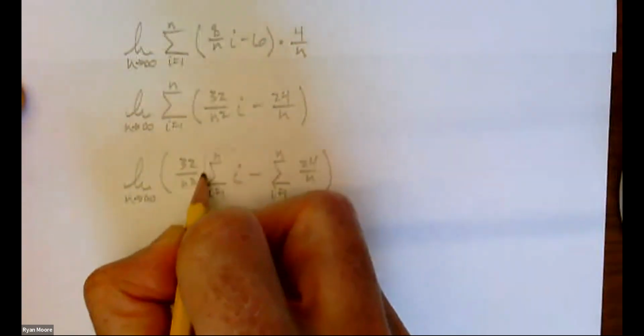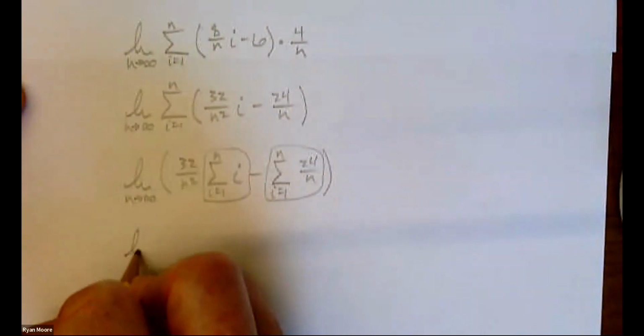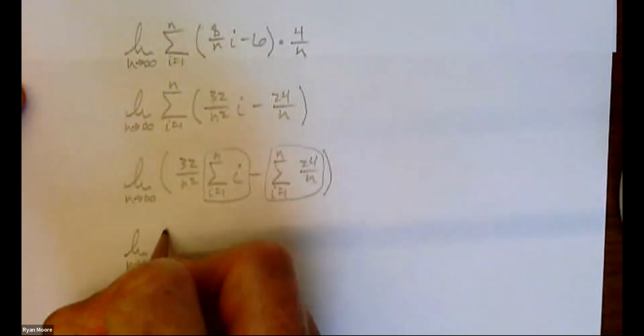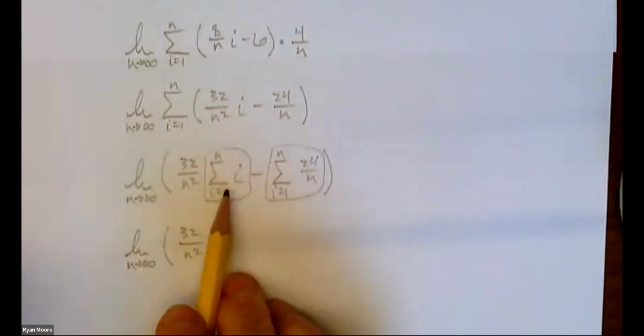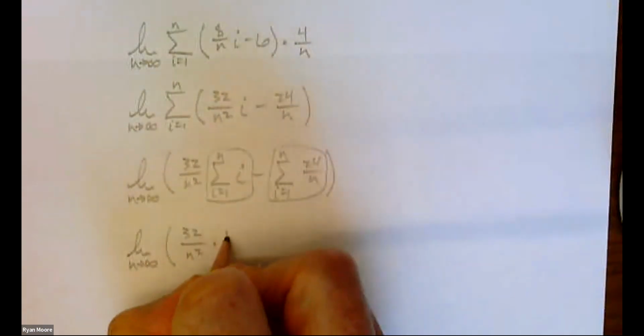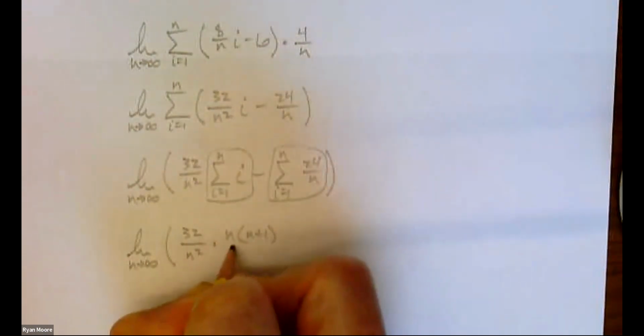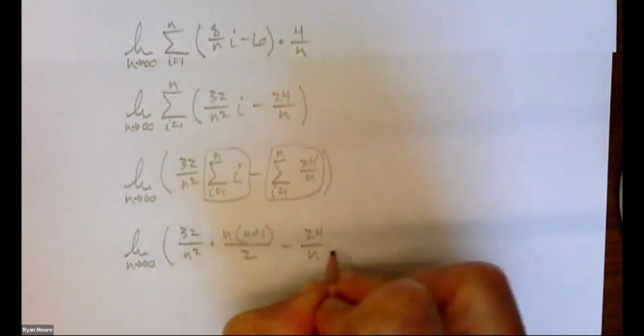Okay, time to apply our formulas. Formula on this, formula on this. 32 over n squared. This formula for i was n times n plus 1 over 2. Minus, and the constant, simply take it and multiply it by n.